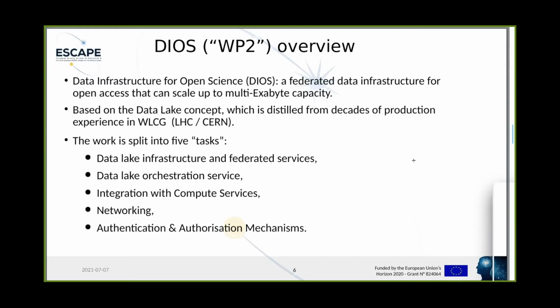These blueprints don't come from a vacuum. We're not starting from scratch. We're based on the experiences from the Large Hadron Collider, which has been using federated storage for the best part of 20 years now, in a collaboration called WLCG. This is a worldwide collaboration with, ballpark figure, 100 research institutes and universities spread throughout the world. These people are providing storage capacity and computing resources for doing analysis.